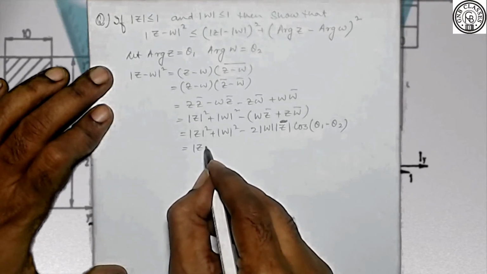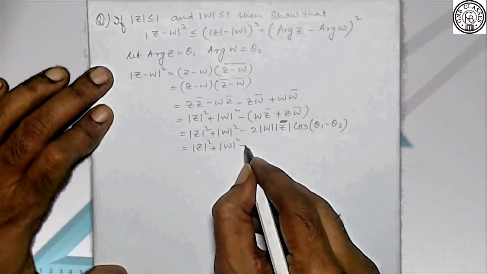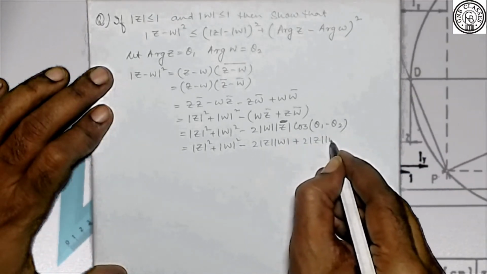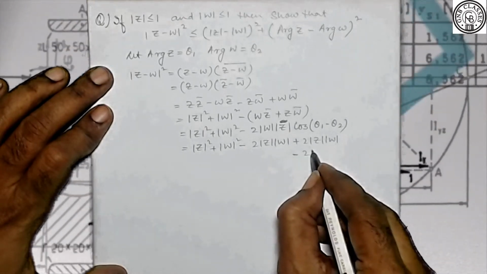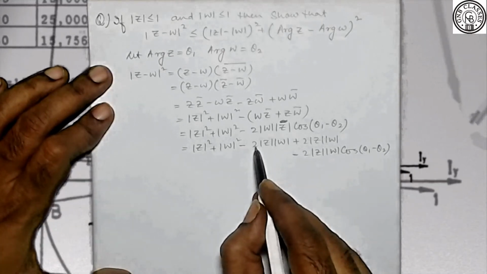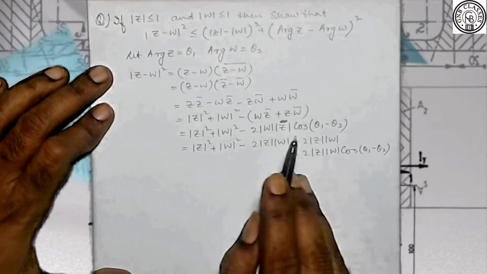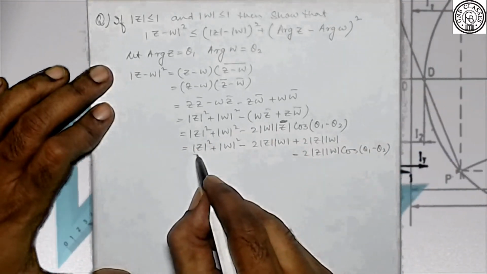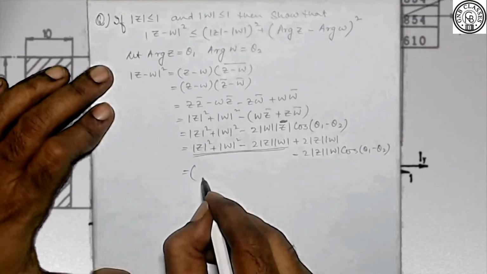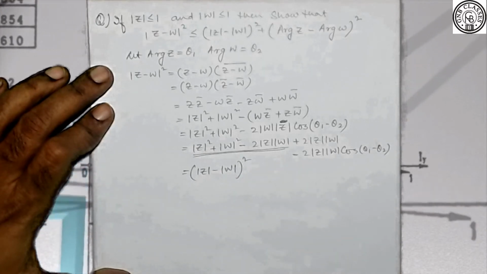So we can write this thing as, I have subtracted 2 mod z mod w and I have added 2 mod z mod w. So I have written nothing. Why I have done this? Because I will take this 3 to get our formula, which is very much given in the proof part, which is square, right?